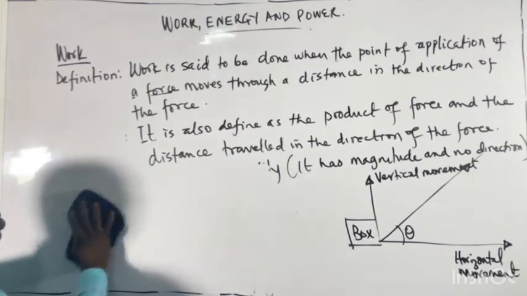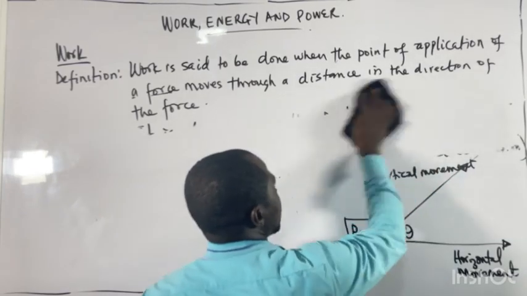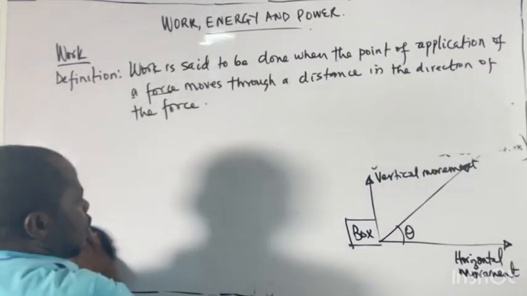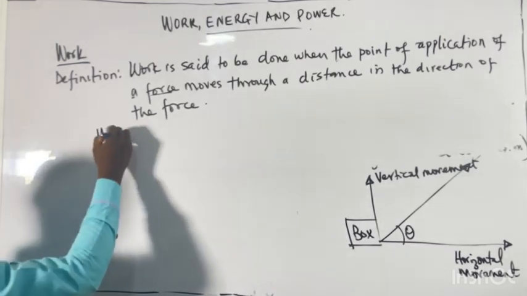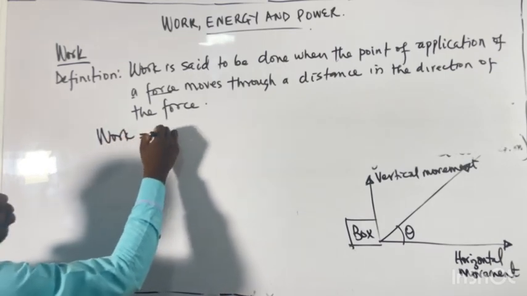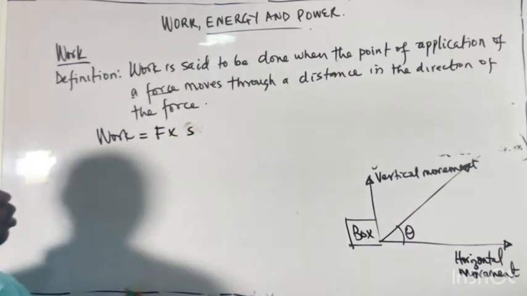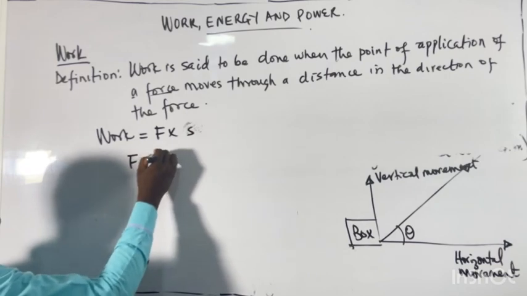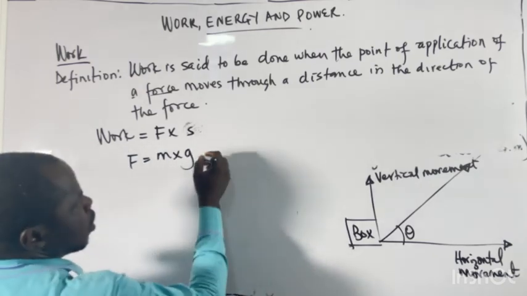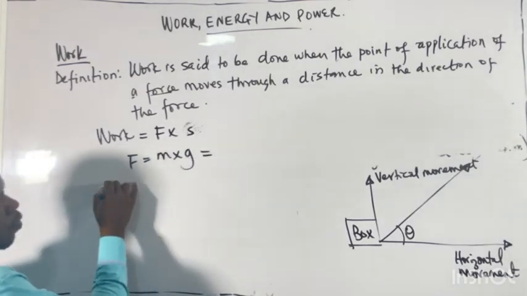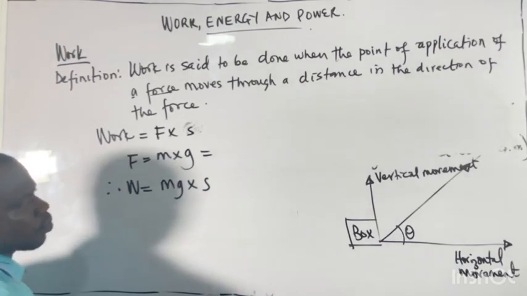When work is resolved into vertical component and horizontal component, we have established that since work is equal to force times distance s, and force itself is equal to mass times acceleration due to gravity, we can say that work is equal to mg times x.